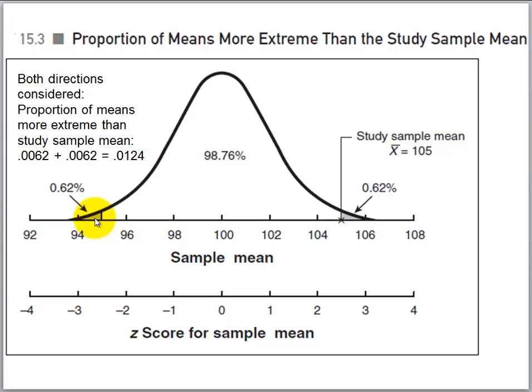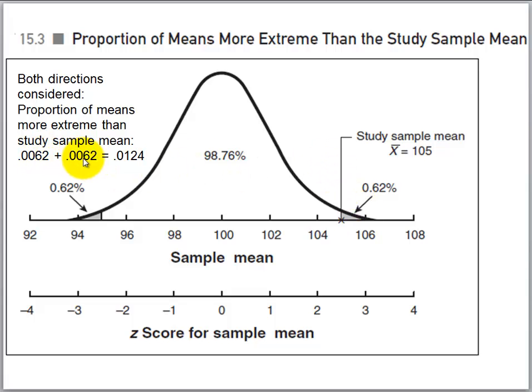So we can divide our percents by 100 to get our probabilities. So here is the probability of the negative tail, and this the probability of a result in the positive tail.